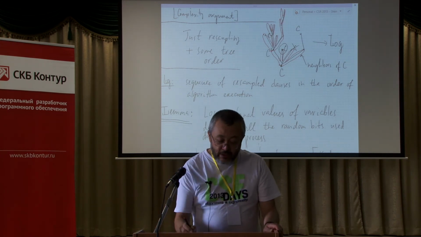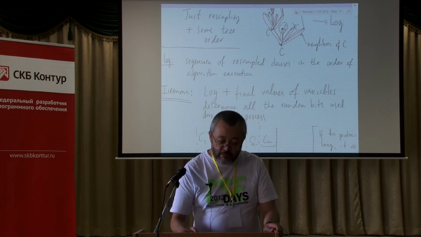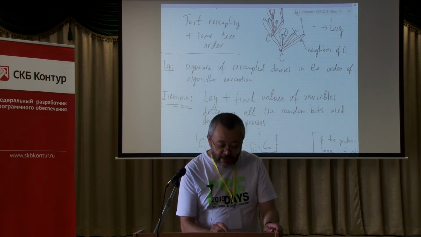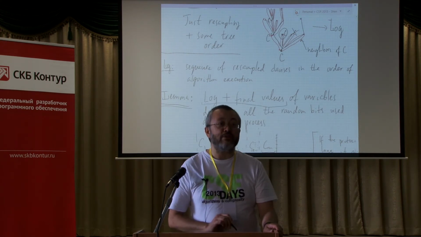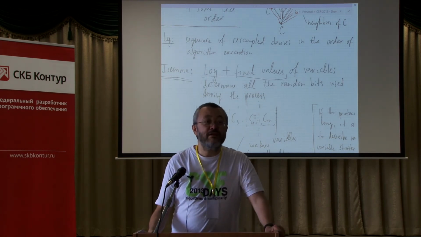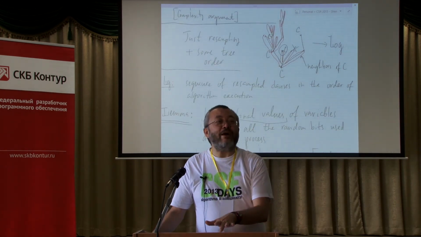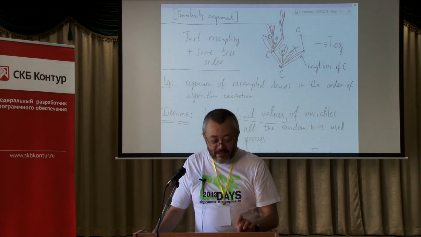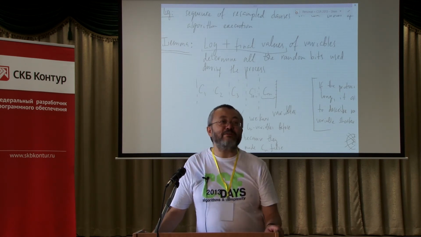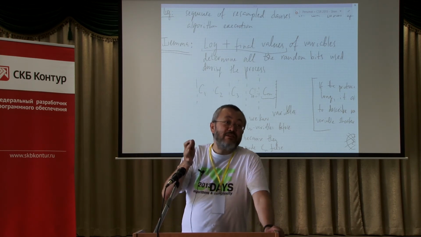And the log determines the random bits. Here we have mentioned that the tree determines the log, and here we say that the log plus the final values of variables determine all the random bits used during the process. This is because we can go backwards.